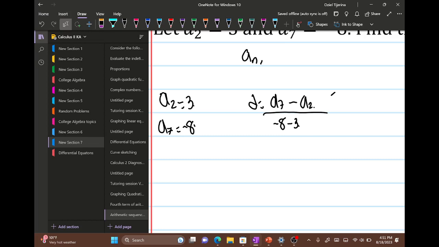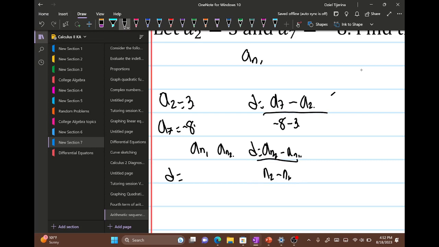So let's pretend there's a formula with two n terms, a sub n1 and a sub n2. The difference would be a sub n2 minus a sub n1 over n2 minus n1. That's the best way I can explain it, guys.